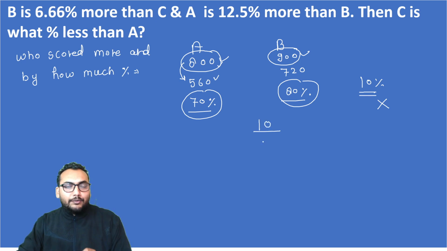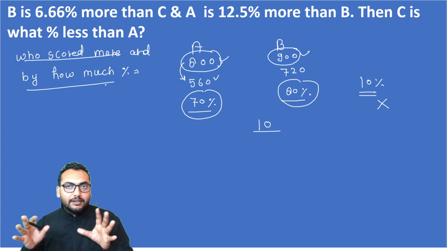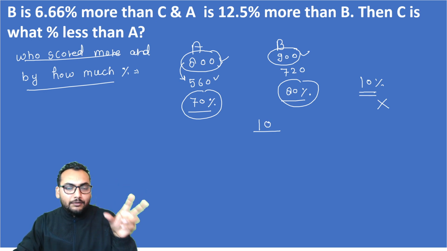So now I just want to know who scored more and by how much percent. Definitely B scored more, but how much percent? You will be thinking that 10% will be the answer, but that is not the answer. Because we are comparing different quantities, B scored 10% more than A. So what is A? A is actually 70.